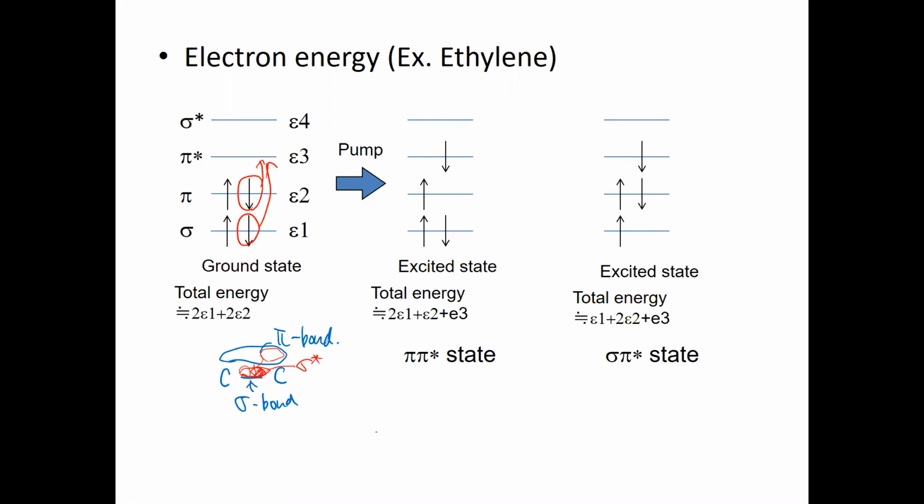Sigma star state is something like this. So one of the electrons is missing from the pi bond and goes to the sigma star state. And in this case, from the sigma state to the sigma star state. So the electron configurations are different for these cases.